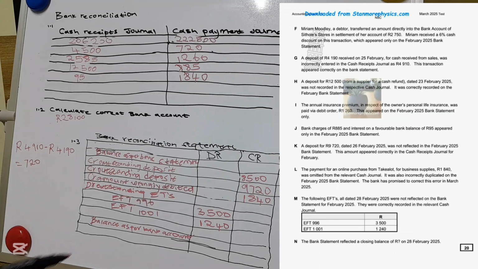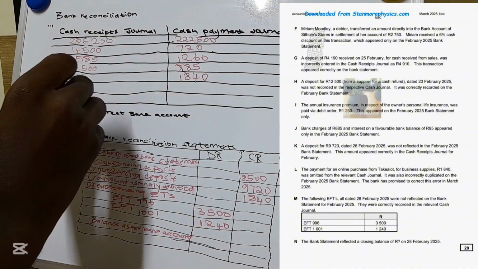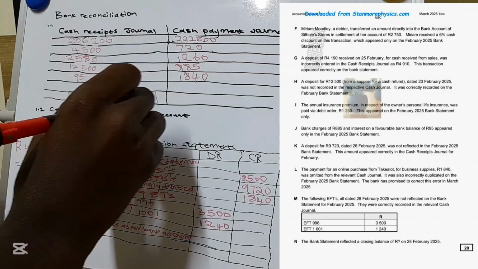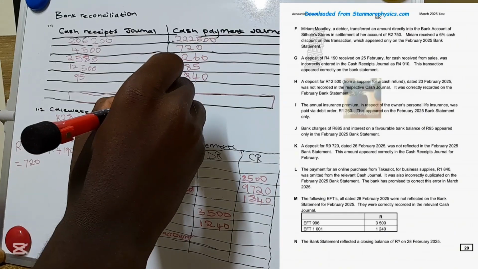Always here at the bottom we have balance as per bank account. Then at the top it's balance as per bank statement. So now we have to calculate the totals.